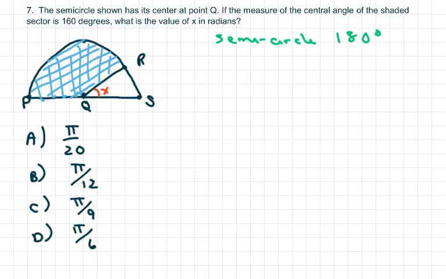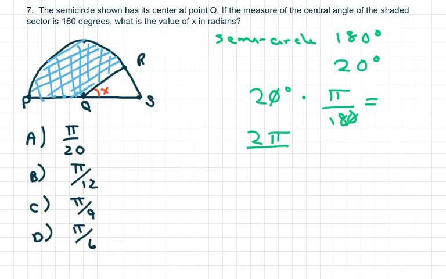You just subtract 160 from that, and you get 20 degrees. Then to convert to radians, you do 20 degrees times pi over 180. That gives you 2 pi over 18, which is pi over 9. So your answer is C.